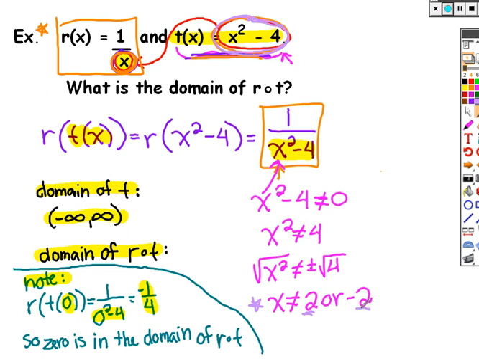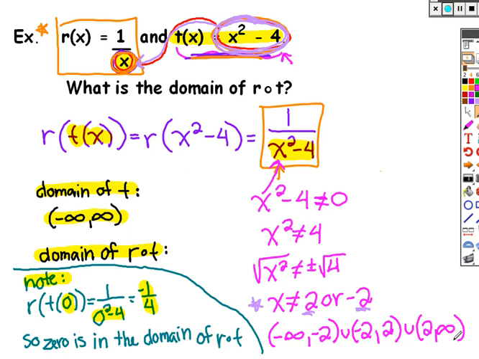And if I plug in negative 2, negative 2 squared minus 4 is 0, which is going to cause a problem because I can't input 0 into the denominator. So overall, your domain should be negative infinity to negative 2, negative 2 to 2, and 2 to infinity.